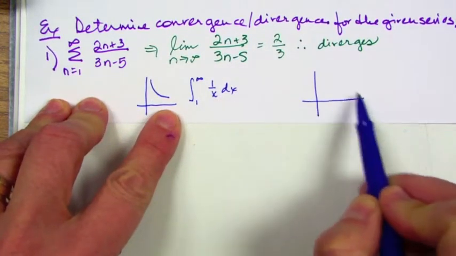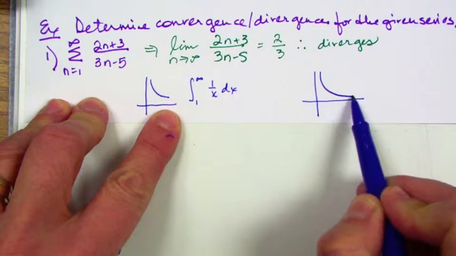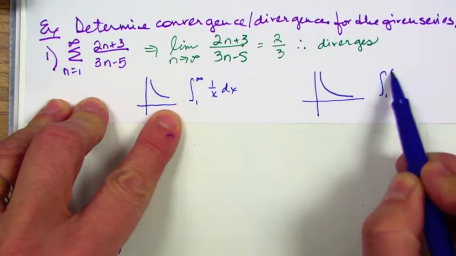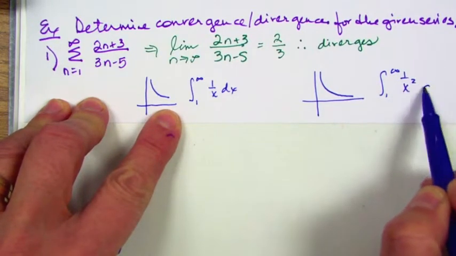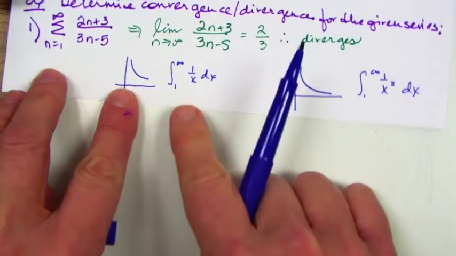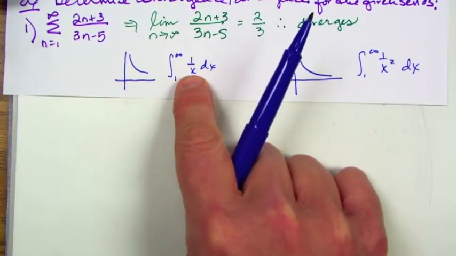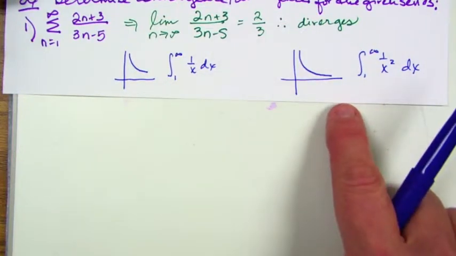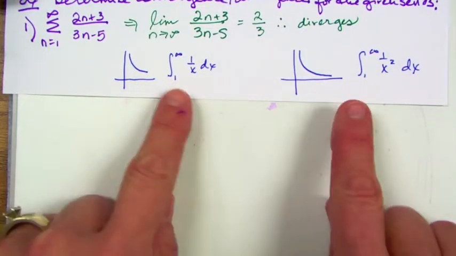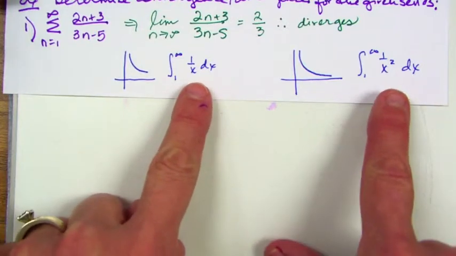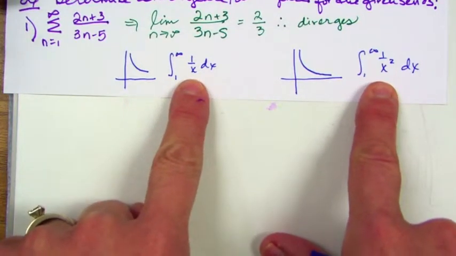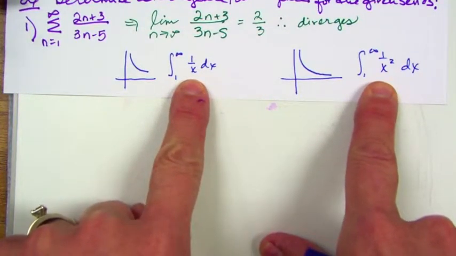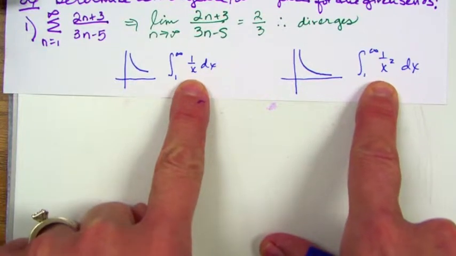And then we did the limit from 1 to infinity of 1 over x squared dx. What did we say about this one? It diverged, right? What did we say about this one? It converged. But what is the limit as x goes to infinity for both of these? 0, right? As x goes toward infinity, the limit of these is 0.